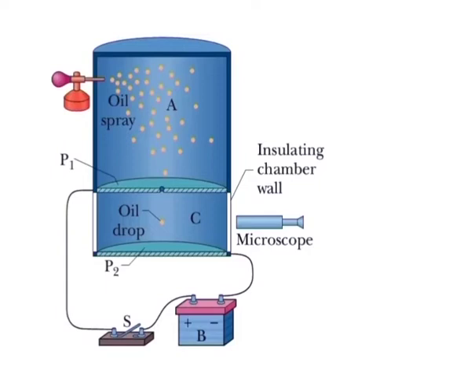The charged plates set up a downward directed electric field E in chamber C. According to the equation F = QE, this field exerts an electrostatic force on any charged drop that happens to be in the chamber and affects its motion. In particular, our negatively charged drop will tend to drift upward.